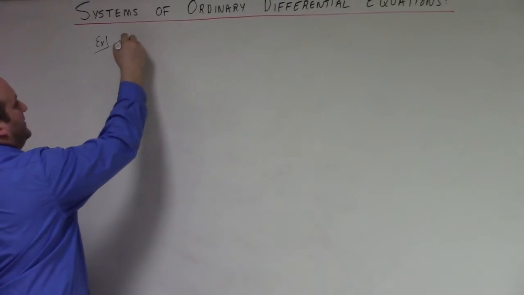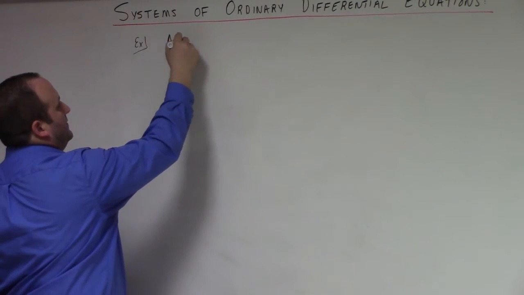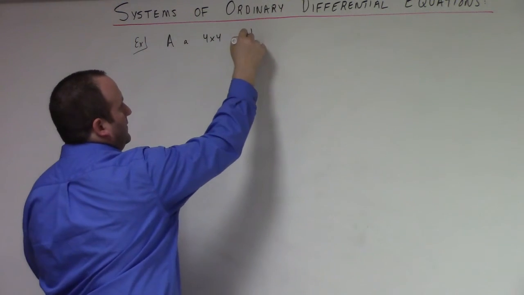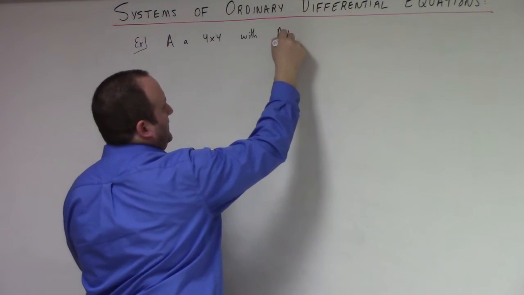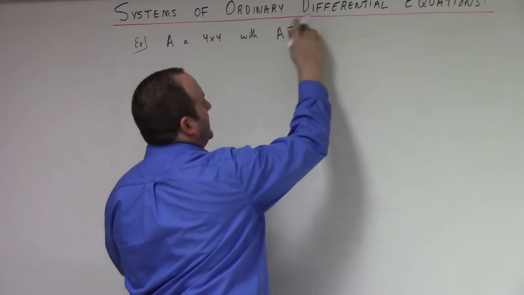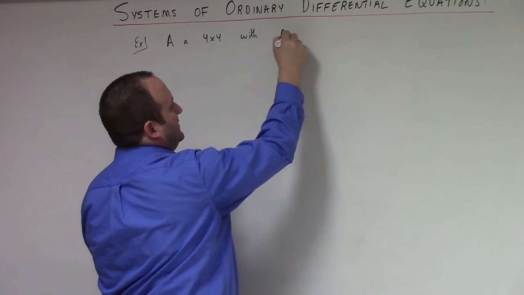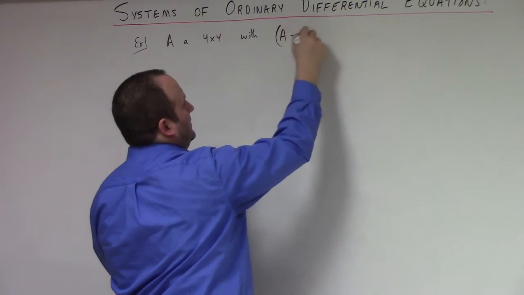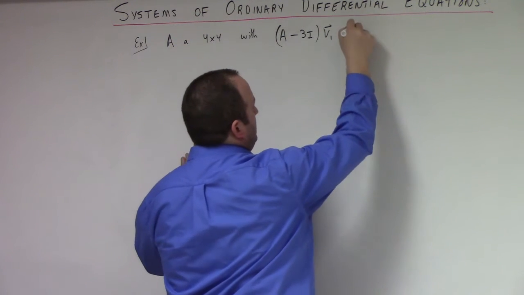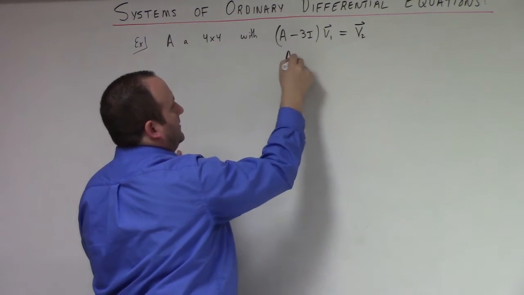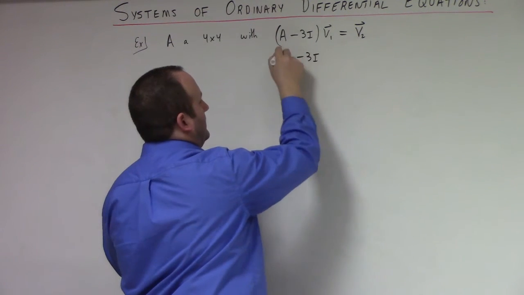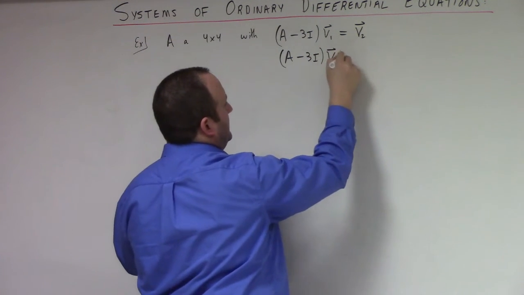What if I had, let's say, a 4 by 4 matrix with, let me make it more simple, A minus 3I times V1 is equal to V2, and A minus 3I times V2 is equal to 0.